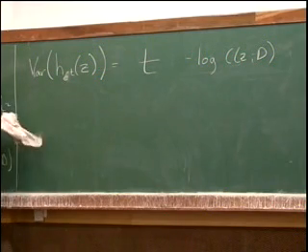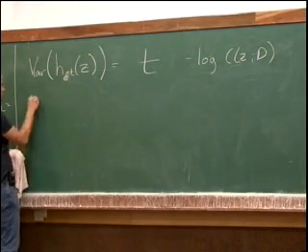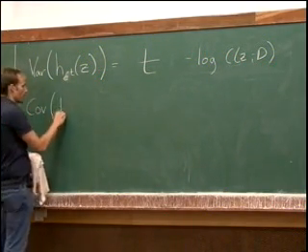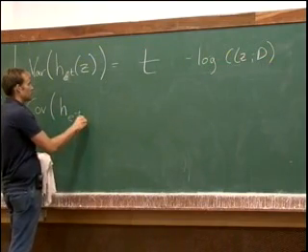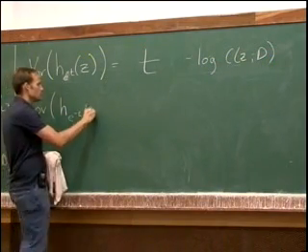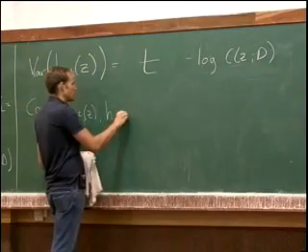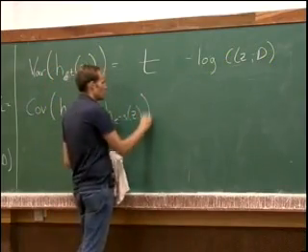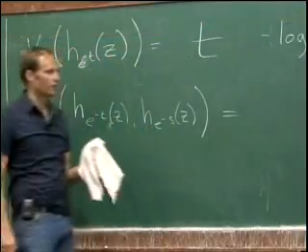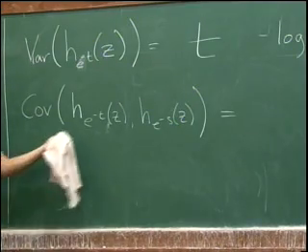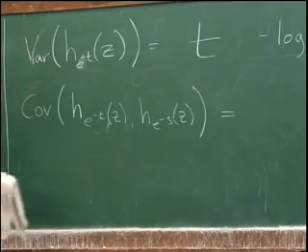The other thing you really should check is the covariance structure. You should say, if you take h of e to the minus t of z, and h of e to the minus s of z, then what is the covariance of these two things, at least for the two different epsilons? But that comes from exactly this formula here.